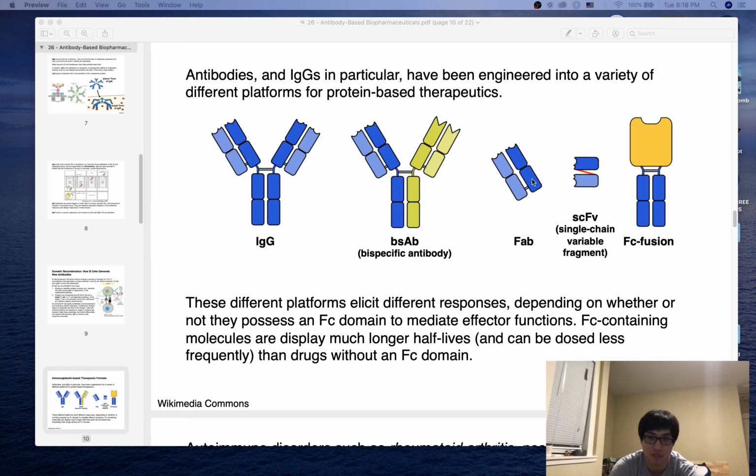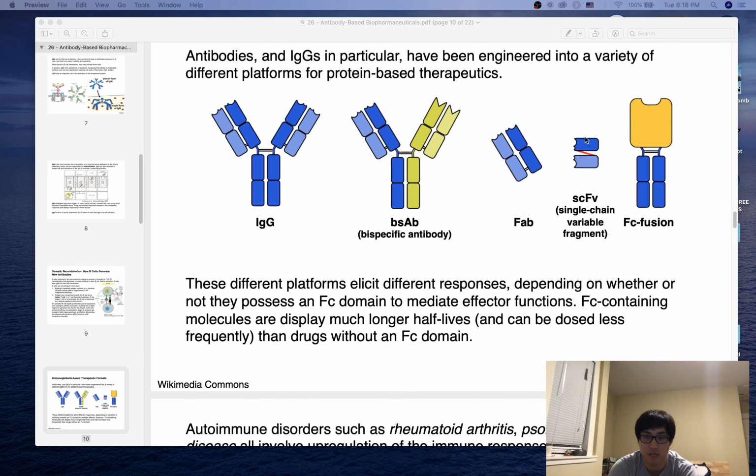So with Fab, you have the light chain and heavy chain, or you just want the variable loop, just this loop with the binding site, and then you link this together because you want it to be stable.